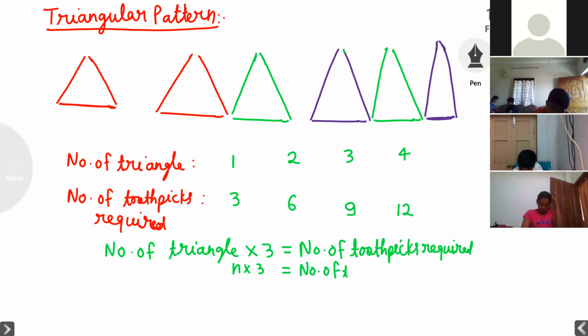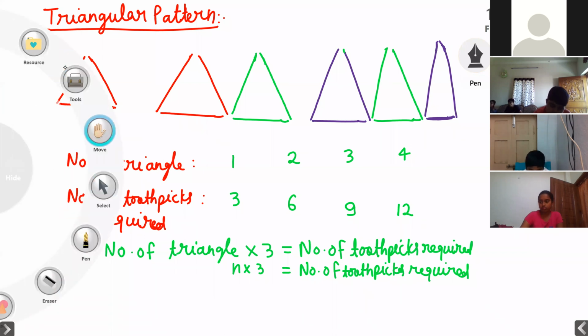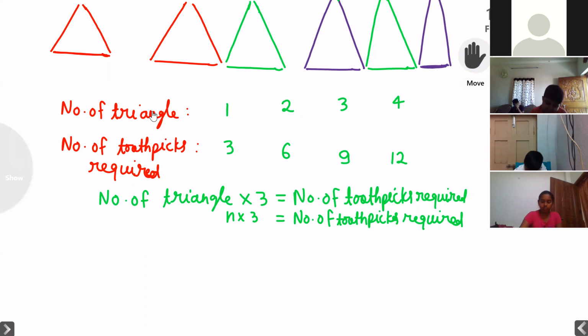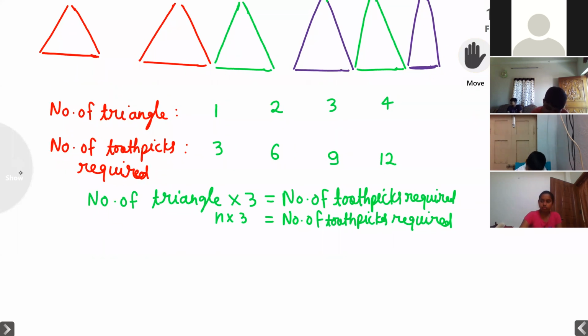equals the number of toothpicks required. It means 3n equals the number of toothpicks required. What is 3? 3 is the constant and n is the variable.